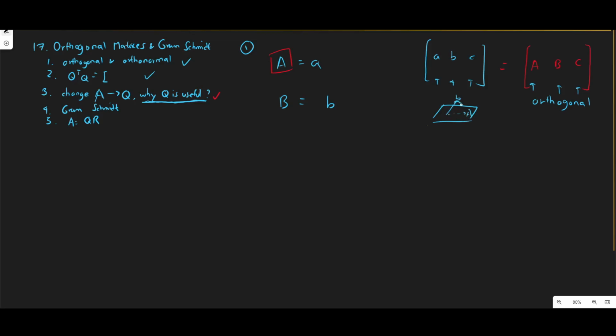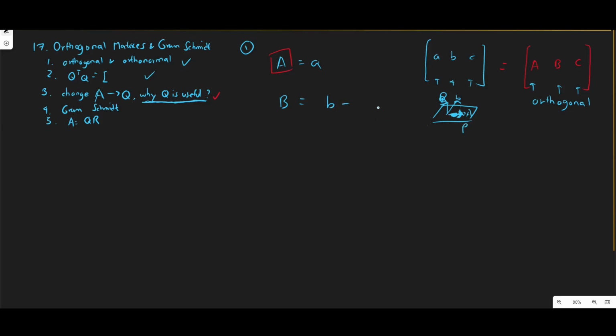So b has to be subtracted by some vector in this direction. We want to get this component, the capital B, so we need to subtract something from b, and that something is the component of b that is projected onto the subspace, which in this case is the p.